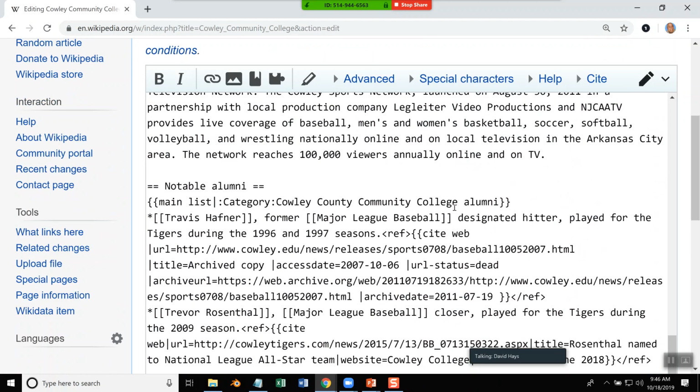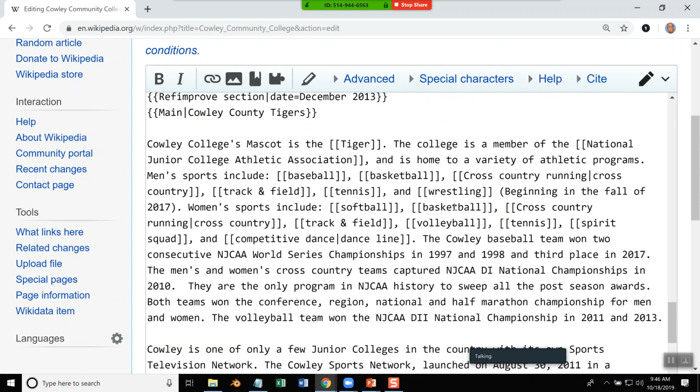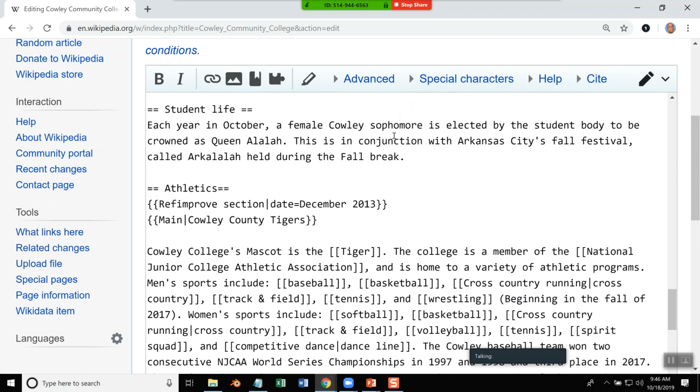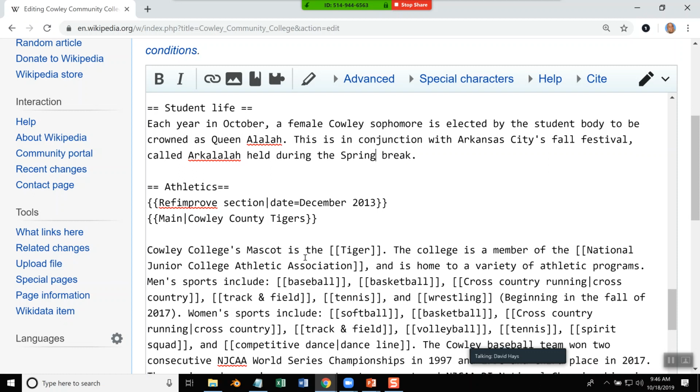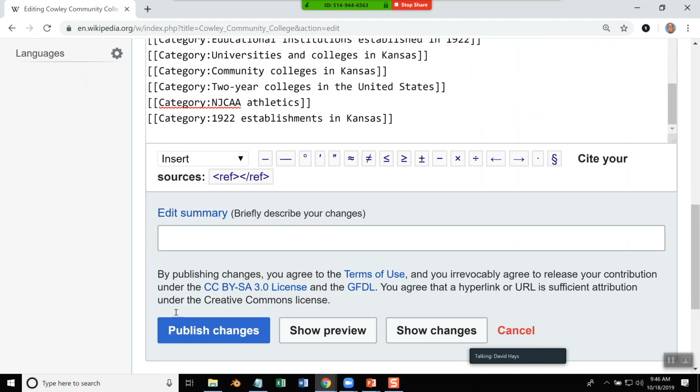Let's see. During the, should I say spring break instead of fall break? We change it to spring. I'll change it back, actually, I'll put it back the way it was to begin with. But I'll just show this to you. Publish changes.